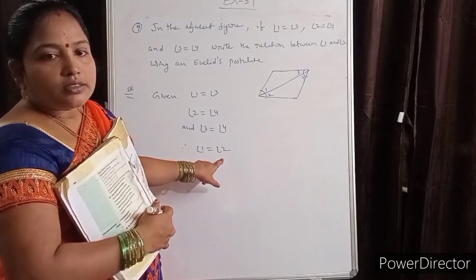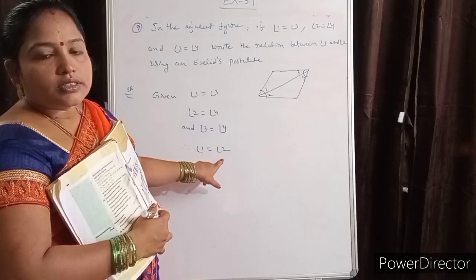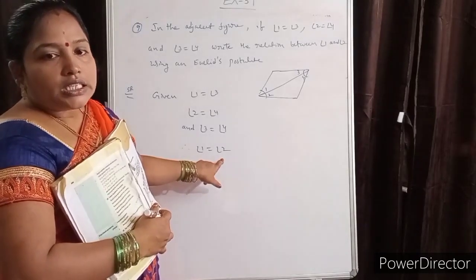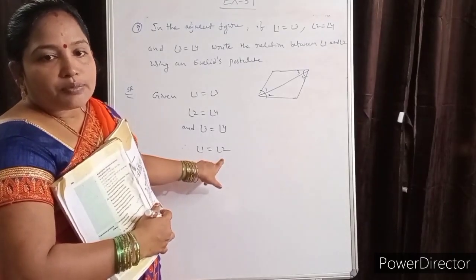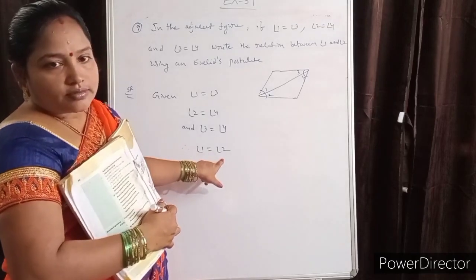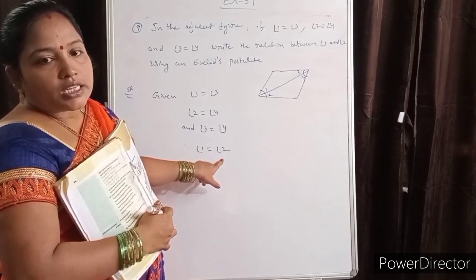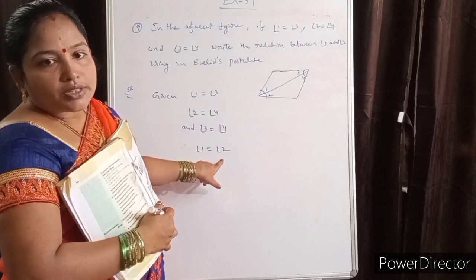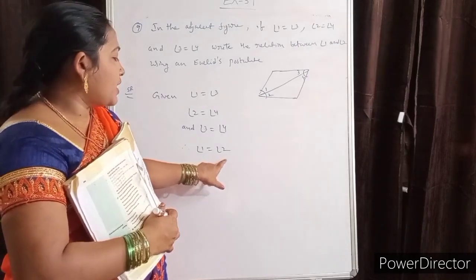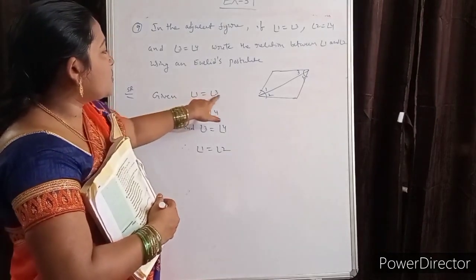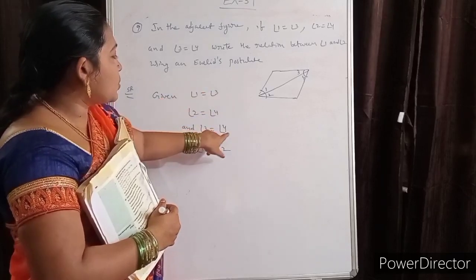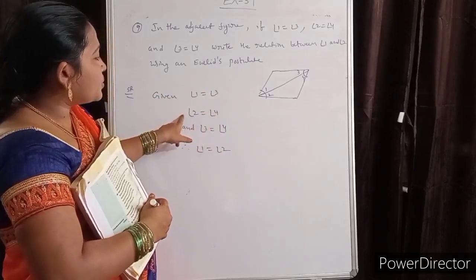By using Euclid's axiom, things which are equal to the same things are equal to one another. Angle 1 is equal to angle 3. Angle 3 is equal to angle 4. Angle 4 is equal to angle 2.